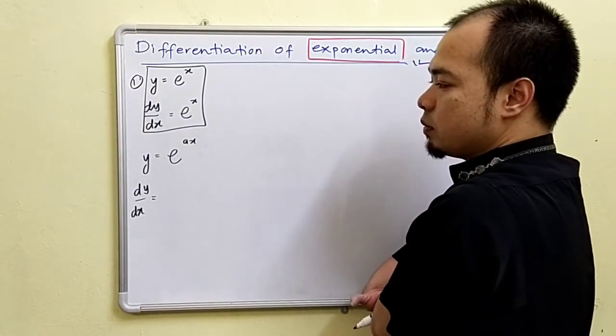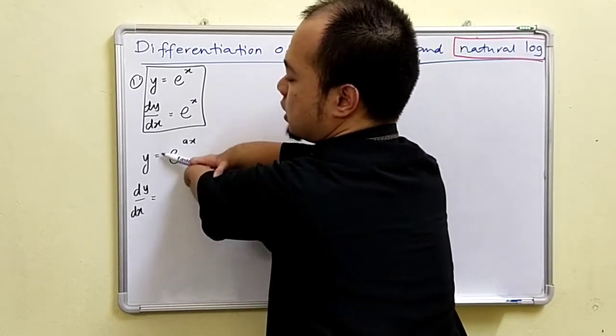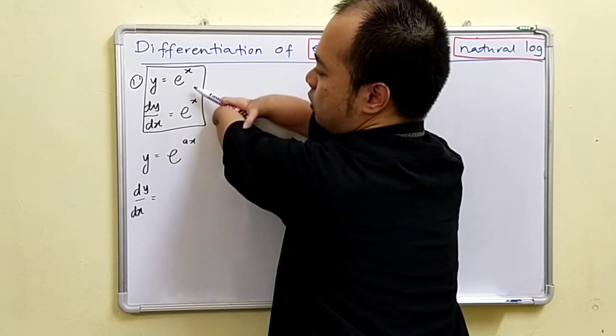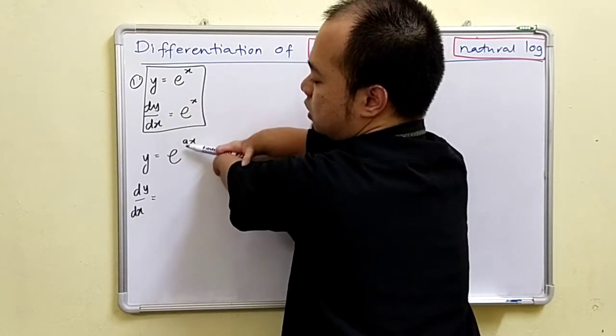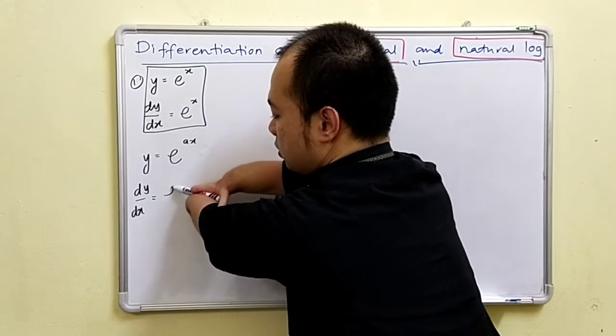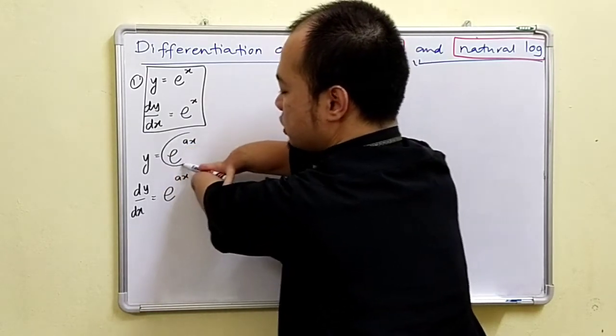What does that mean? First, look at what type of function they are using. Exponential function. When we differentiate an exponential function, it will always become itself. So just make it itself first, exponential of ax as a whole function.